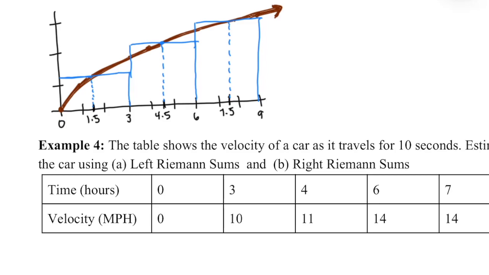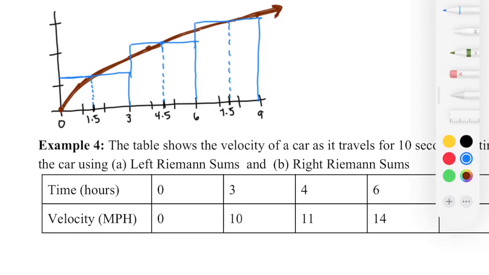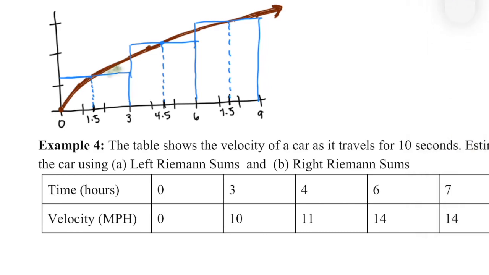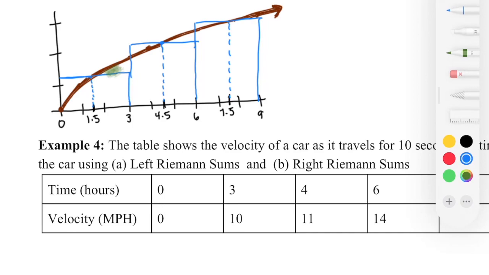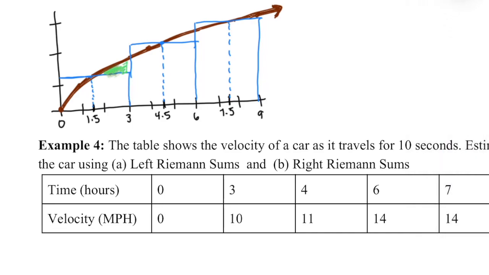So this one, because I use the space in between, has some underestimation and some overestimation. So in green, I'll highlight where I underestimated, which is right here. That place wasn't taken up. Here's an underestimation. And then right there is an underestimation.